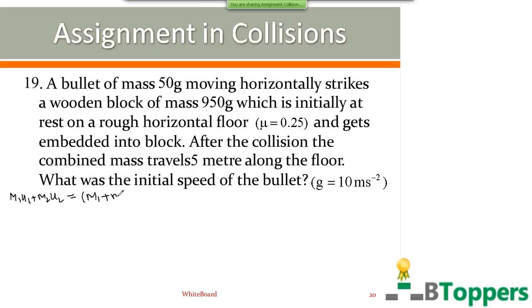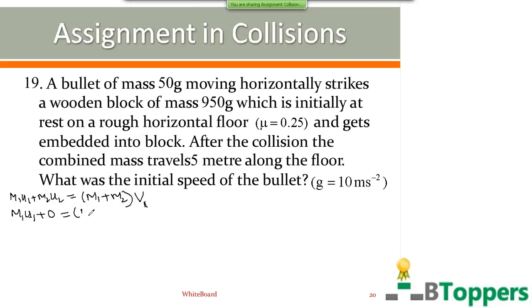Here the bullet and the block move together with the common velocity after collision. So let V1 be the velocity of the combined mass just after collision. So you can find U1 if you know V1. U2 is 0 here, so initial velocity of the second particle is 0.